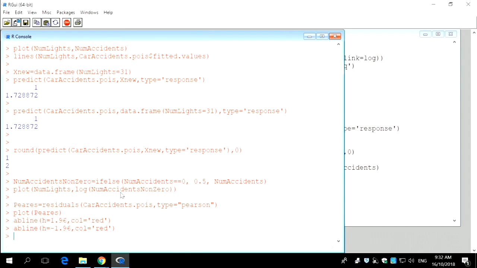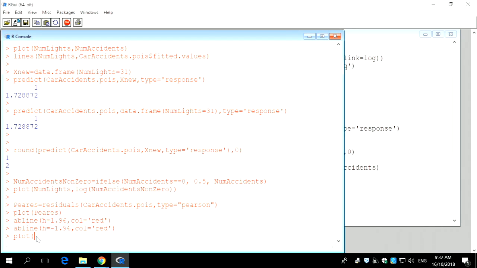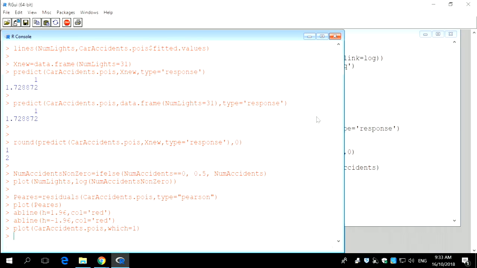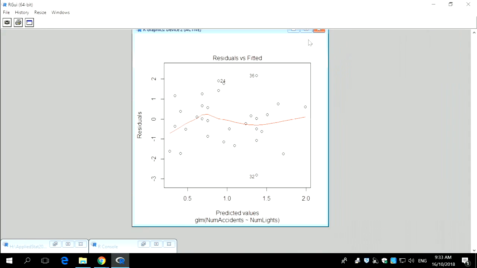But the student suggests we use the plot of the GLM output, which is here. And the next argument is which equals 1, right? And where is the plot? Okay, I think I have closed the plot. Here. So this is the plot by using the command suggested by the student. And in this case, it's slightly different.